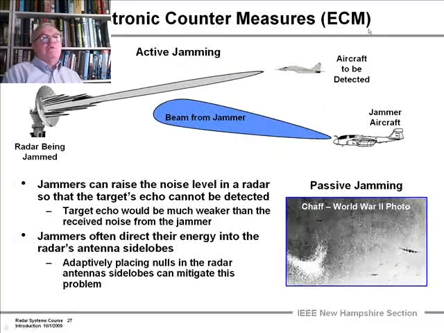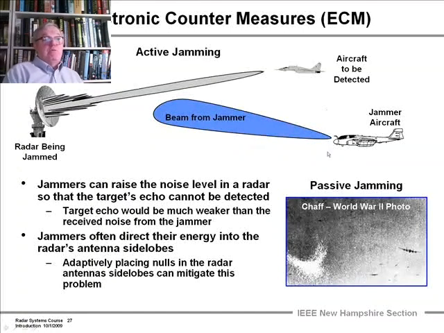Okay, electronic countermeasures. There are two kinds, really. This is a World War II photo of chaff, they called it window then, being dropped by bombers. So this would obscure the bomber formations from German aircraft interceptors that had radars in them, and ground-based radars, so they couldn't see exactly where the bomber formations were to attack them and knock them down. And that's called passive jamming.